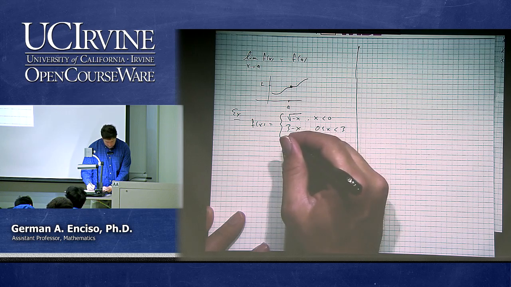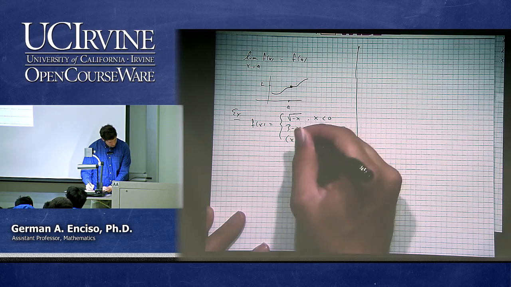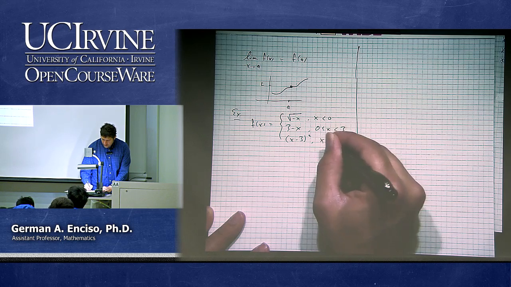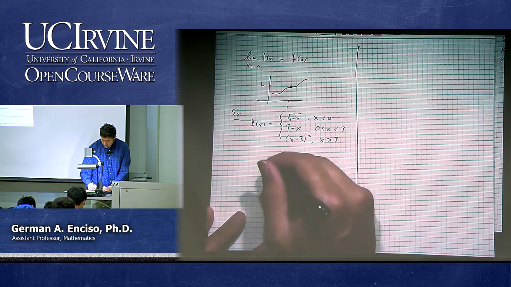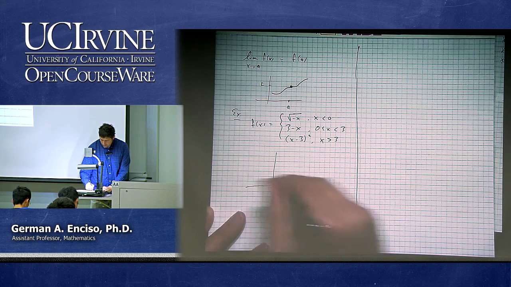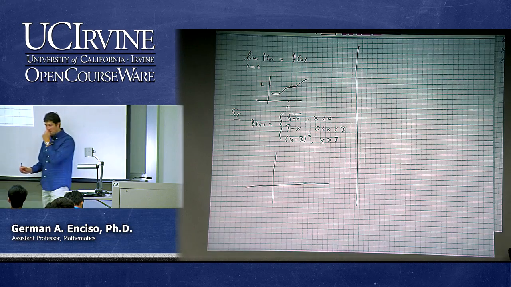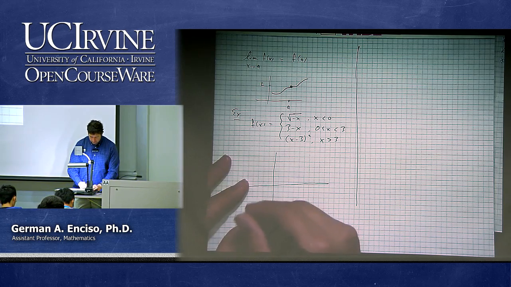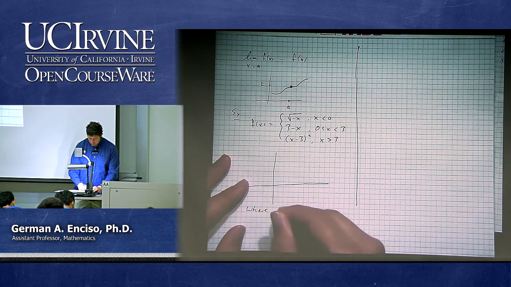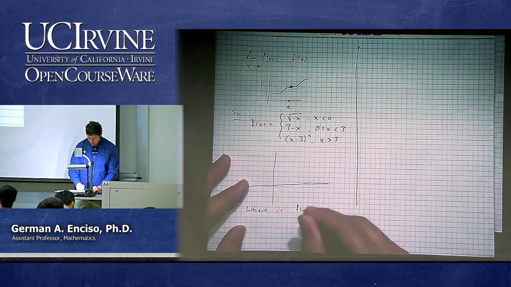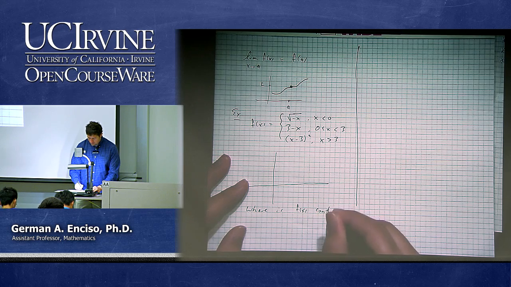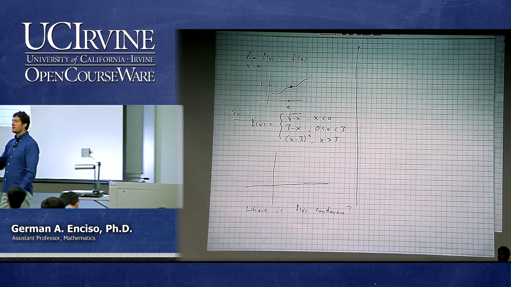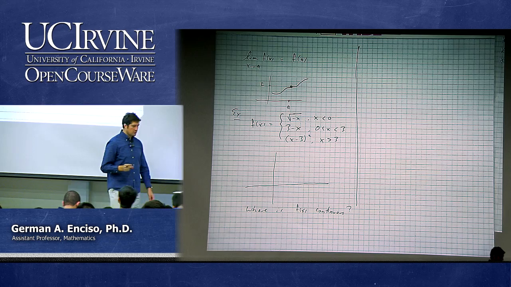And it's x minus 3 squared when x is bigger than 3. Okay. So the question is, where is f continuous? In other words, find the points x at which the function f is continuous.